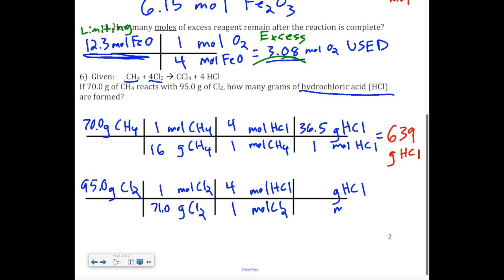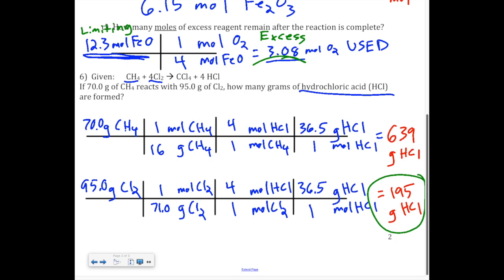That means I need to change moles of HCl to grams of HCl and get 36.5 grams per 1 mole. And I get 195 grams of HCl. Nice. Which one's less?